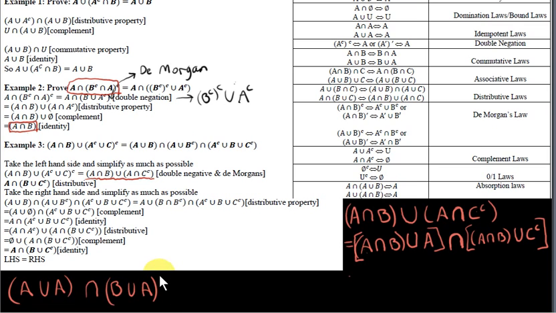And we want to take this set and intersect it with this set over here. So this is A union with C complement intersected with B union with C complement.